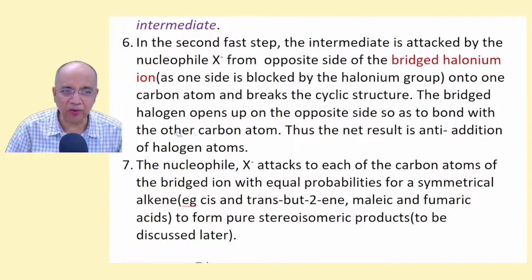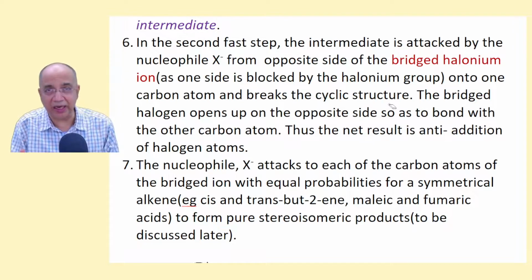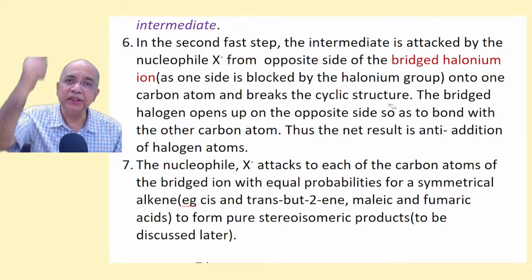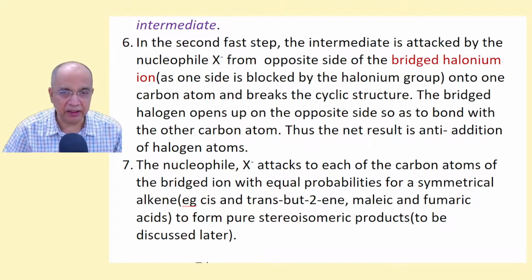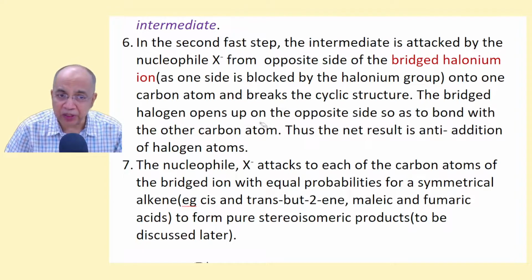The bridged halogen opens up onto the carbon atom and breaks the cyclic structure. Once it attacks from the other side to one of the carbon atoms, the bridge breaks down, and the bridged halogen opens up on the opposite side so as to bond with the other carbon atom.